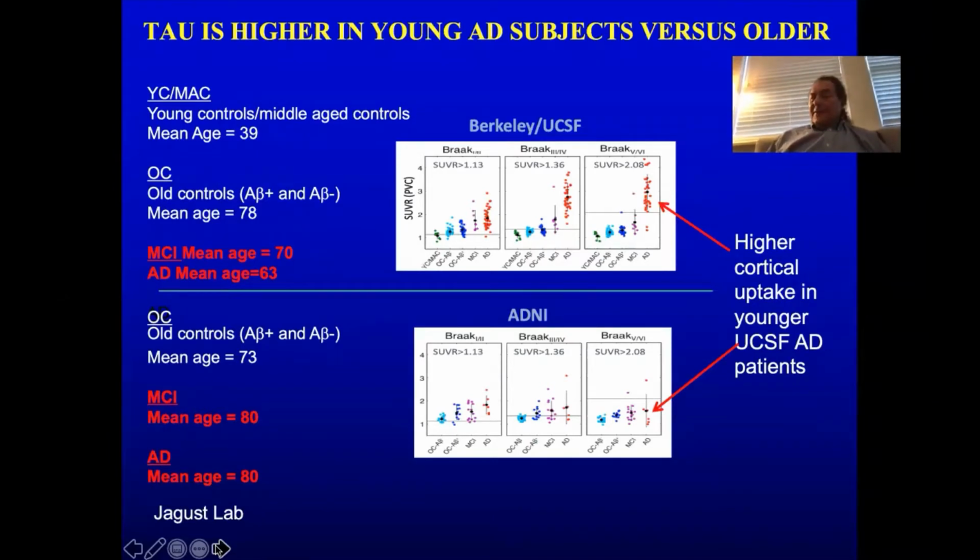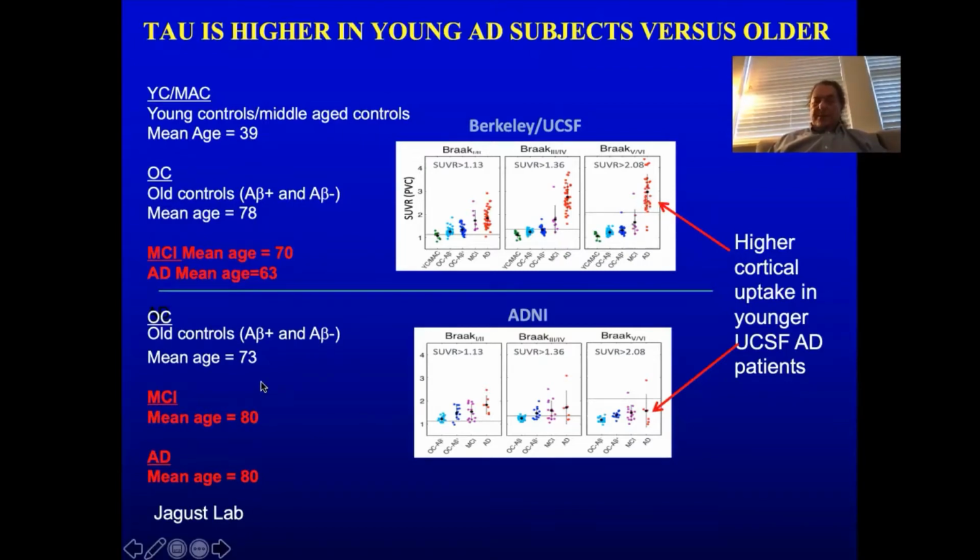We also have a lot of tau PET scans and longitudinal tau PET scans. One very interesting observation by the tau PET core run by Bill Jagust is that if you look at young people, average age of 39, who have Alzheimer's disease, they have very, very high tau PET.